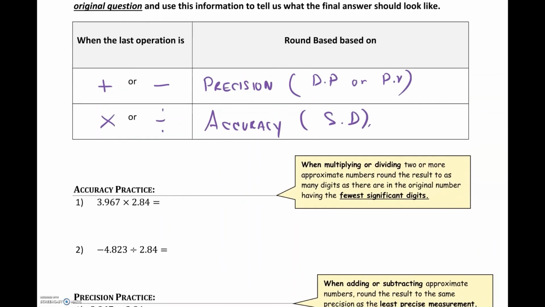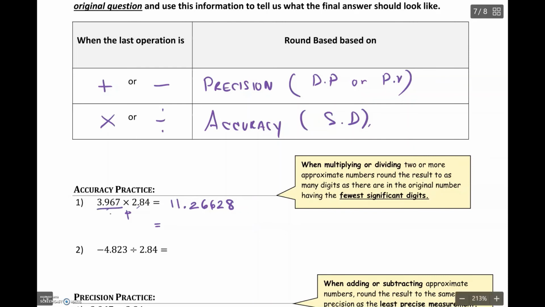All right, so we're multiplying. Now assume that all these numbers here are measurements. So we have 3.967 times 2.84, and the answer here, if you plug it in your calculator, is 11.26628. You could verify this. Now, what's our last operation? Well, there's only one operation, which is multiplying. So when we're multiplying or dividing last, we base it on accuracy or significant digits.